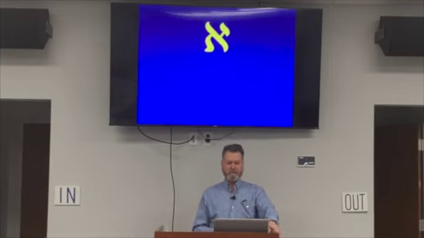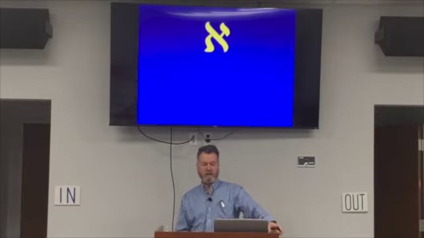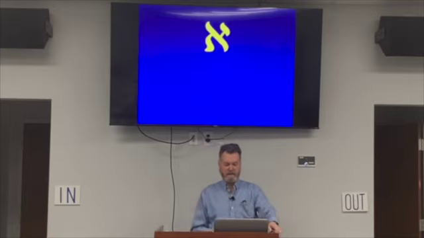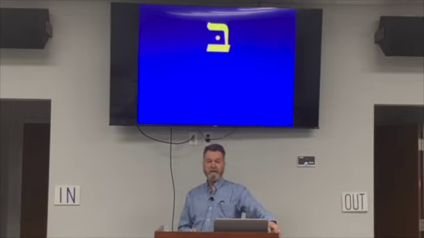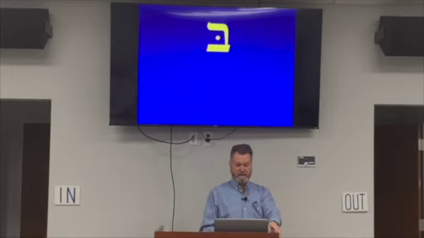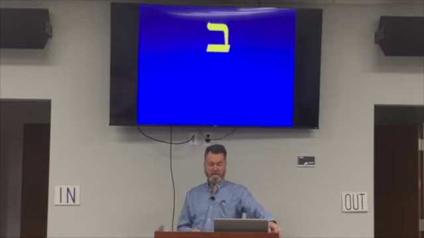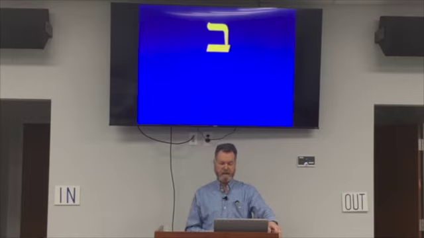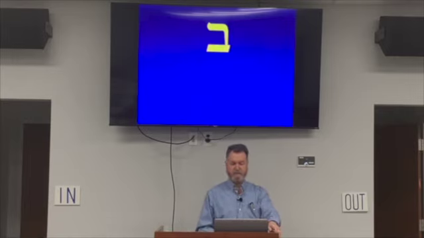And we've also learned the following consonants. This is Aleph, which is silent. Then we have Bet, which has the sound of B. And then we have Vet, when it doesn't have the dot in the middle, it has the V sound.